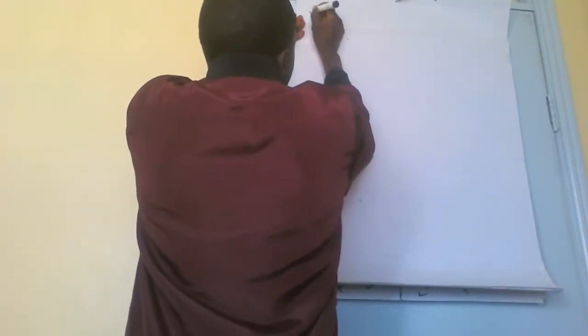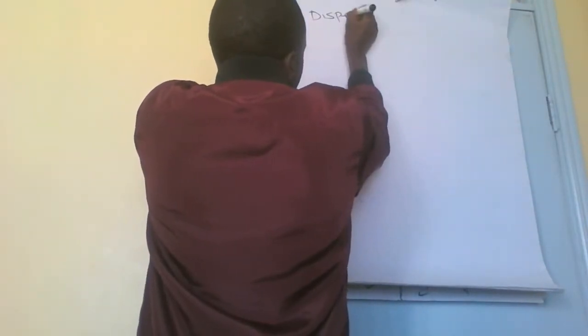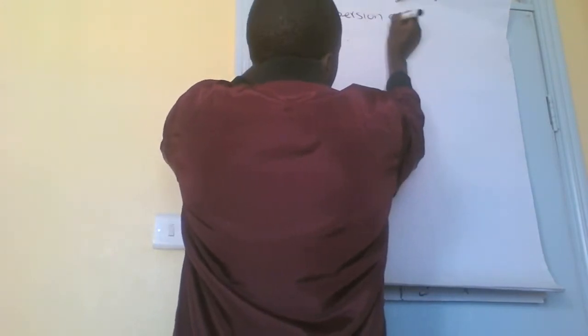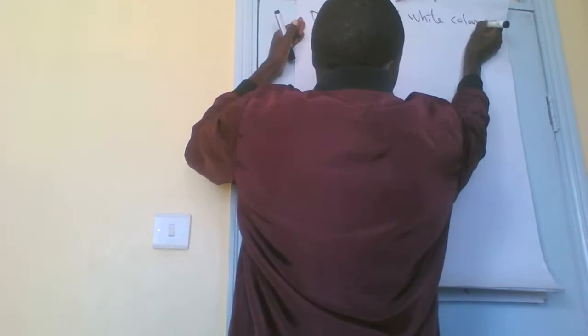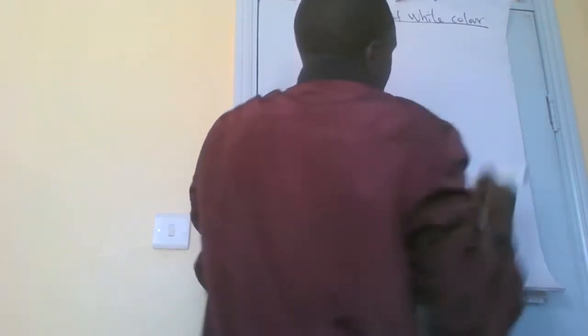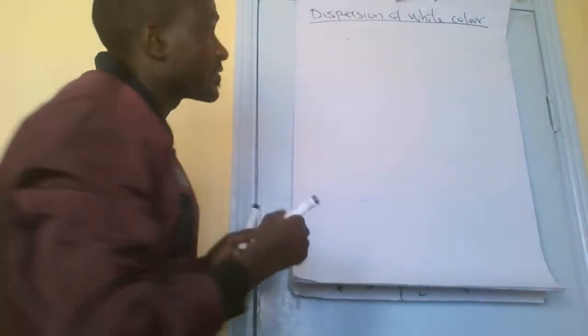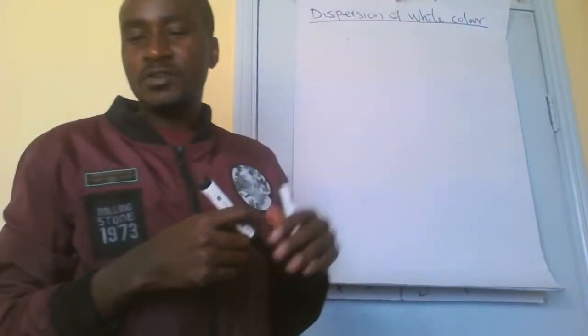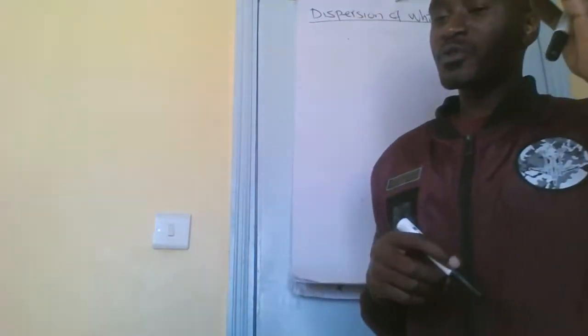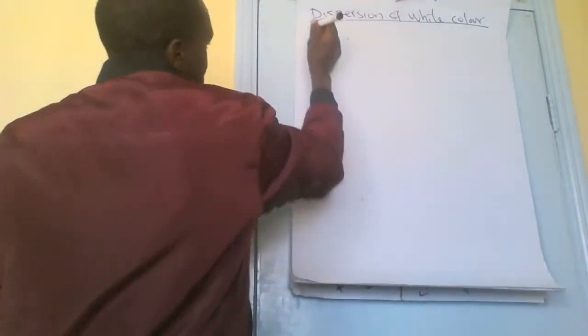And now let's talk of dispersion of white color. This is the splitting of white color to form a band of 7 colors, and that's what we call dispersion.